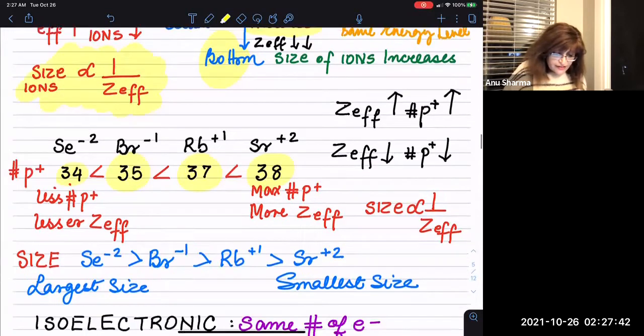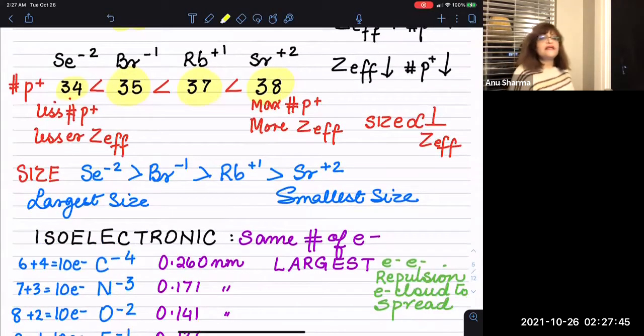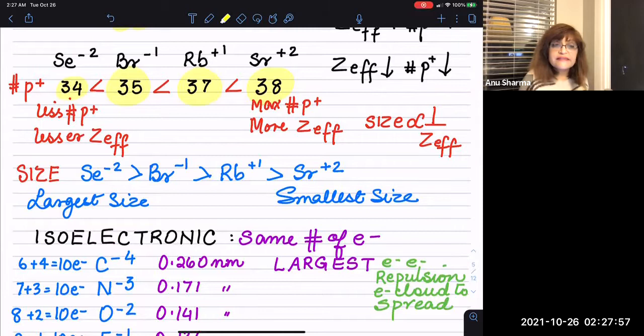So here is a very interesting example. You have selenium -2, bromine -1, rubidium +1, and strontium +2. So which one is bigger? If you look at it, selenium has 34 protons, bromine has 35, rubidium 37, and strontium 38.